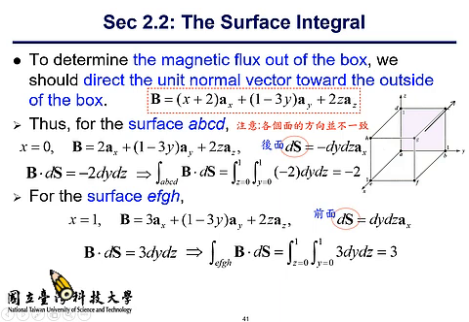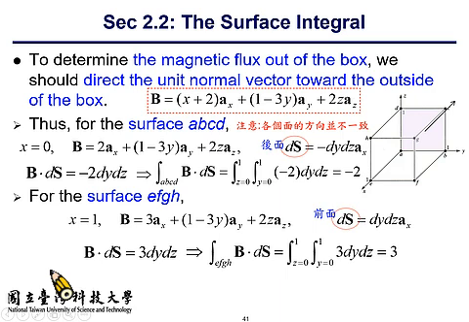All right, so when you carry out this surface integral as 6 smaller pieces, you need to be careful about the coordinates. For example, for surface ABCD, which is pointing to the back, as we see from this figure, the x-coordinate equals 0, which is a constant on this surface.